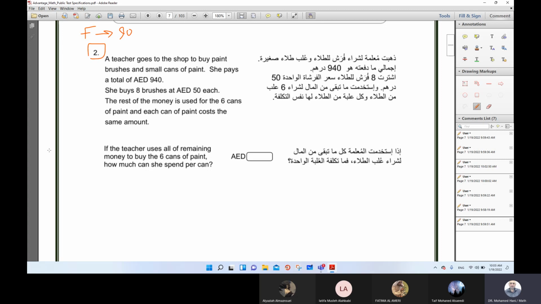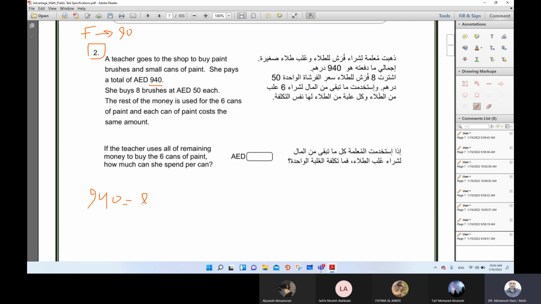Check with me, please. A teacher goes to the shop to buy paint, brushes, and small cans of paint. She pays a total of 940. So the total will be 940. She buys 8 brushes at 50 dirhams each.